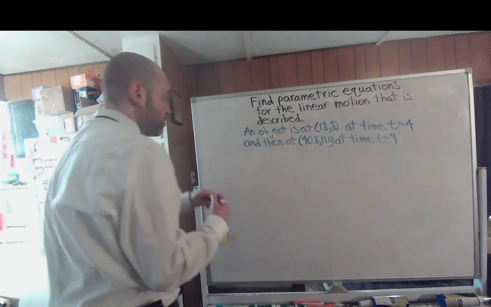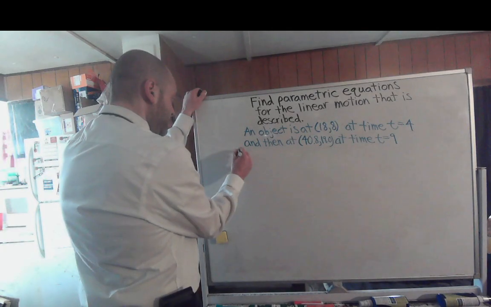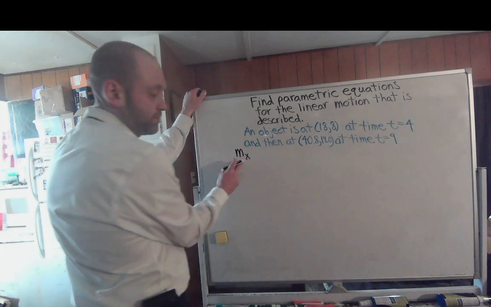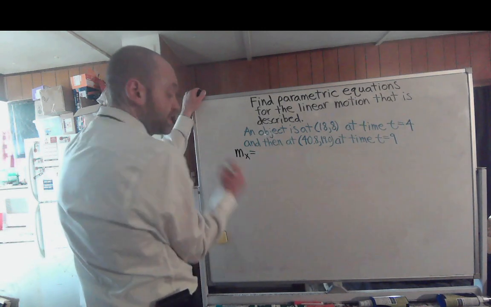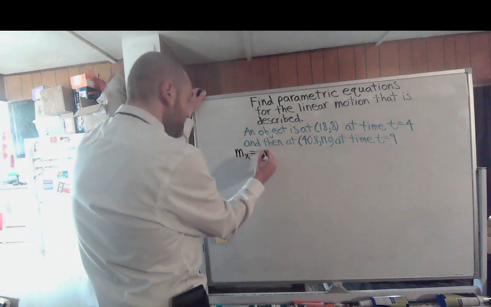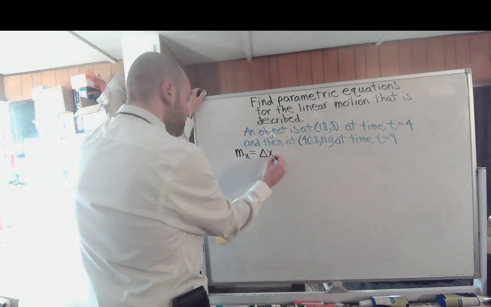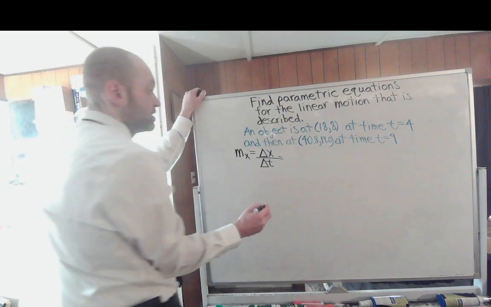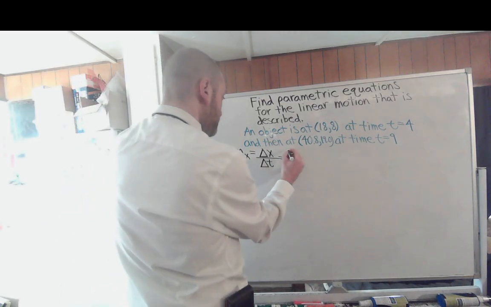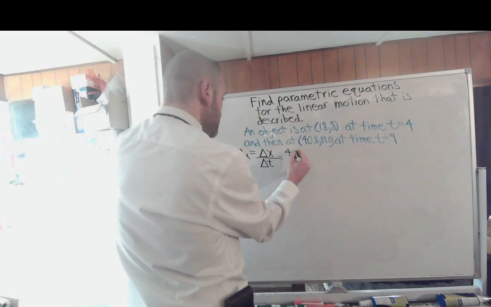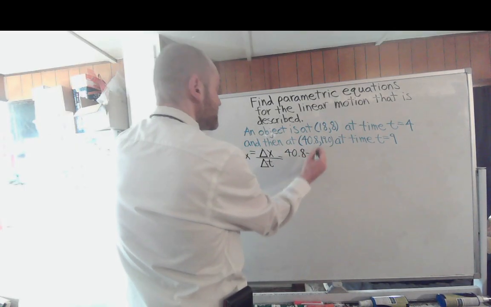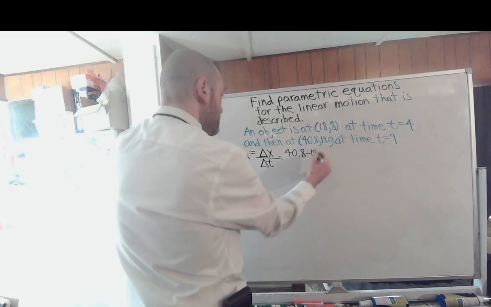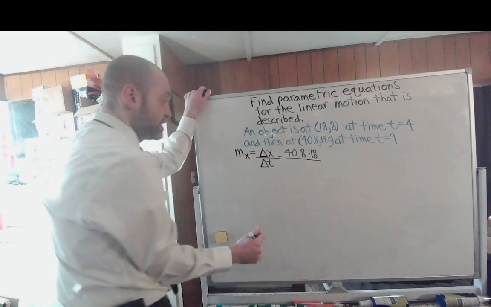We could just say m sub x for my slope. That's going to be my change in x over my change in t. My second x is 40.8 minus my first x of 18, all over my change in t.